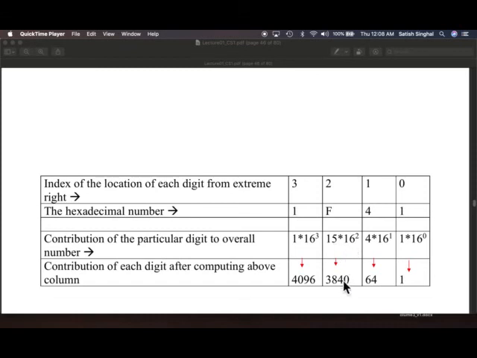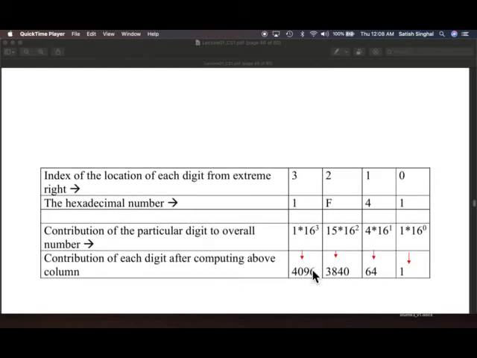Multiplication of these two comes to 3840. Okay, and then the position number is 3, the digit is 1, so we do 1 into 16 to the power 3, and that comes to 4096.